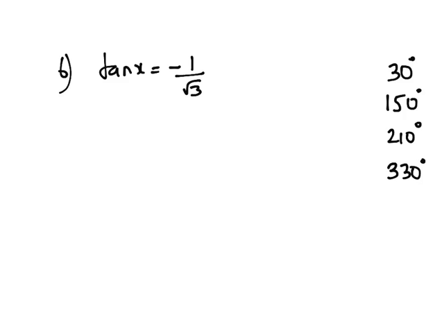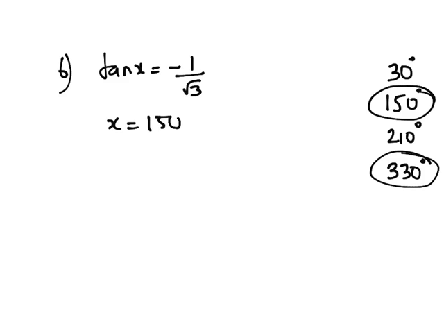Now since tan is negative here, as I mentioned, it has to be in the second and fourth quadrant, so 150 degrees and 330 degrees. So the value of x can be either 150 degrees or 330 degrees. This is how you solve this particular equation.